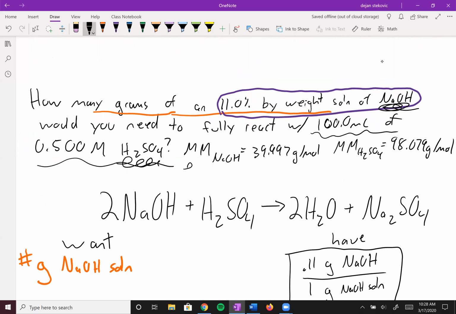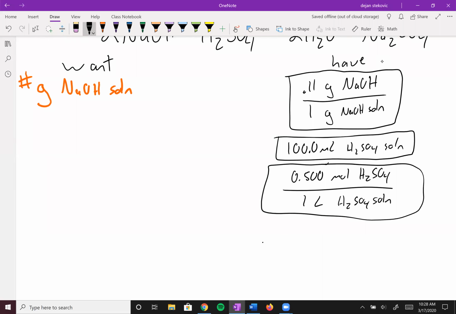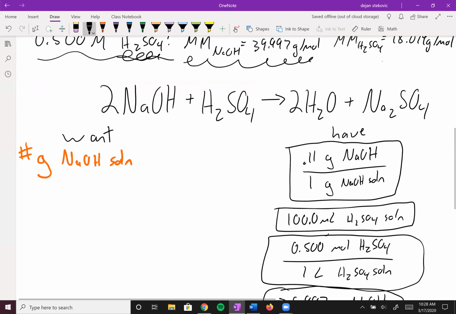The next piece of data is 39.997 grams per mole of sodium hydroxide. So we have 39.997 grams of sodium hydroxide over 1 mole of sodium hydroxide. Again, I'm being really explicit, writing all of the units in a measurement: the number, the unit, and then the subject we're talking about.